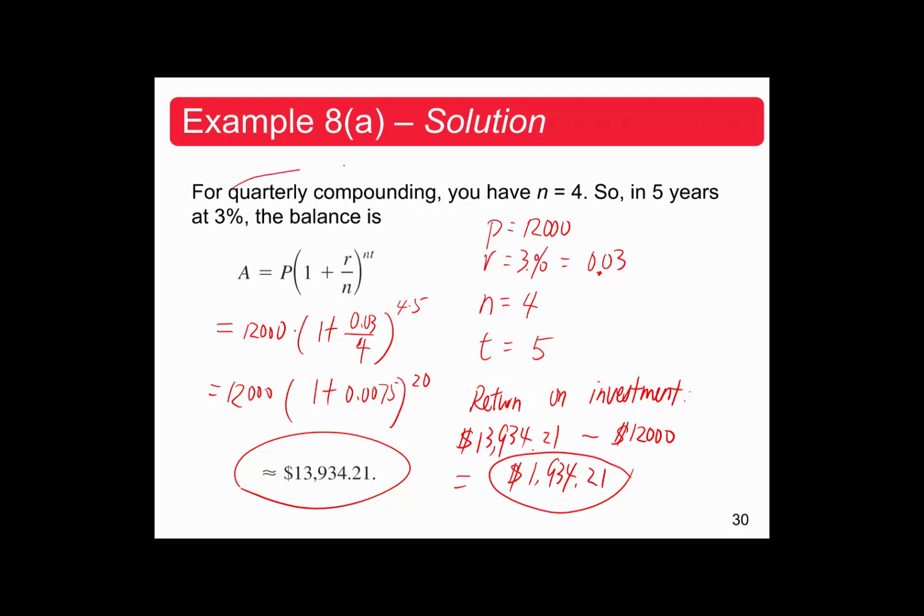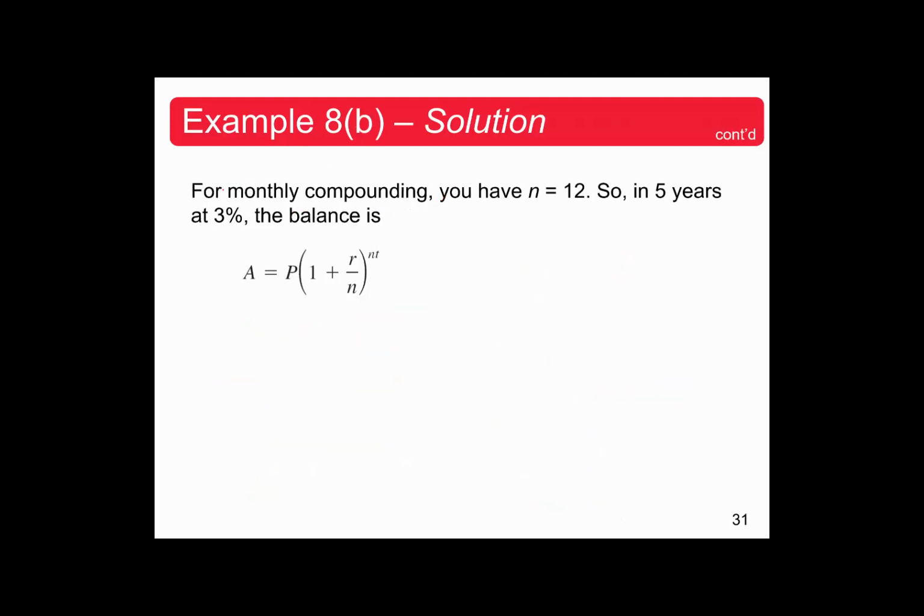So this is a given condition. Second condition, if it's monthly compounding, again, same principle. The rate is the same, 3%, 0.03. Time t is still 5 years. But N here is slightly different. N is equal to 12 now because you're getting paid on a monthly basis, right?